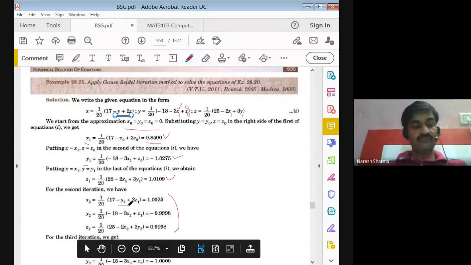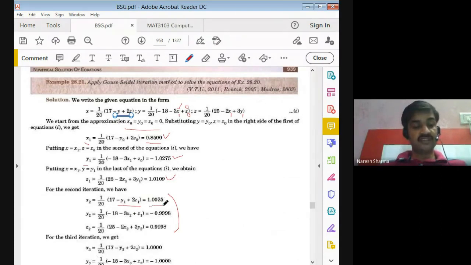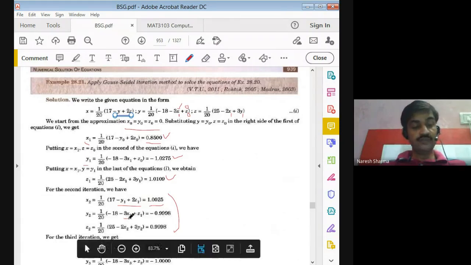First we put y1, z1, these two values, and we get x2. Now we put this available x2 in y2, along with z1, which is the latest available, to calculate y2. Similarly, for z, we put the latest available x, which is x2, and y, which is y2.